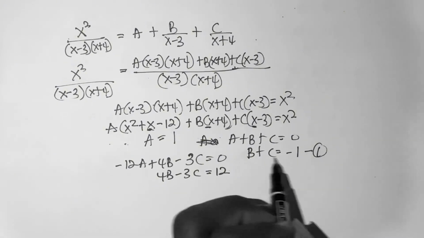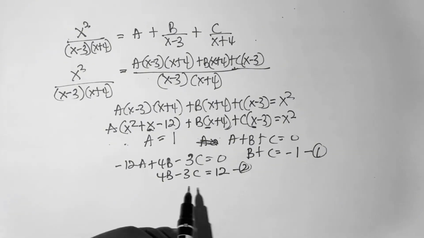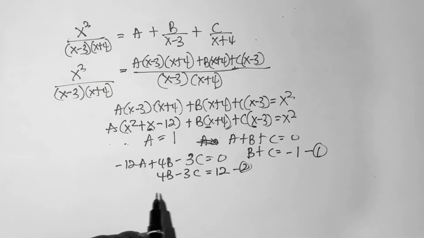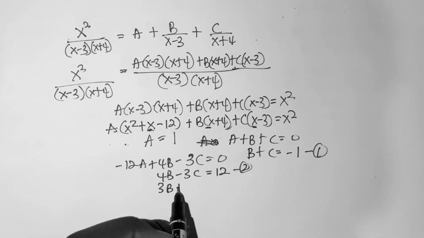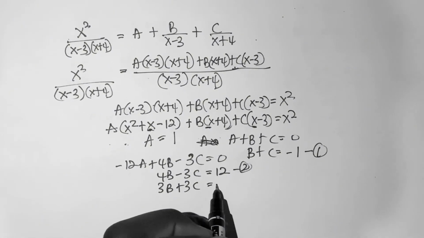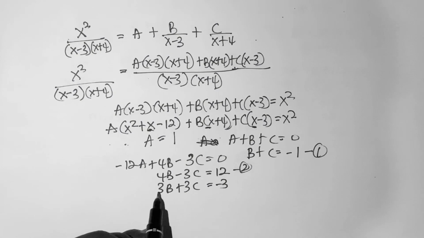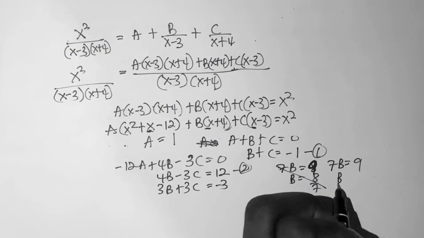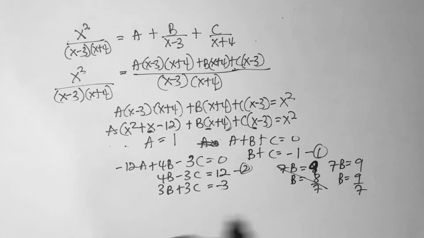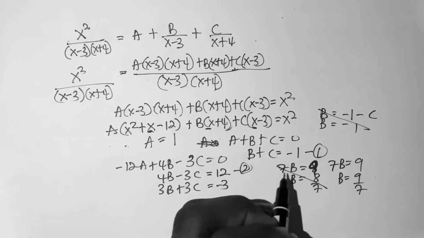So this is equation 2. Let's multiply equation 1 by 3. So 3B plus 3C is equal to minus 3. So if we add the 2, 7B is equal to 9. And therefore B is equal to 9 over 7. But we know that B plus C is minus 1.